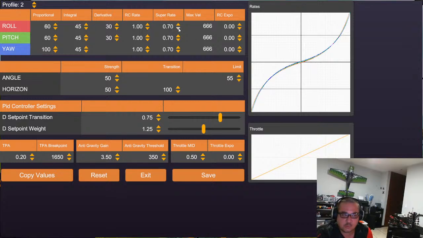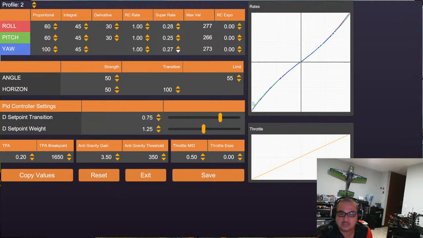So if you were to lower that, I'm going to do it dramatically, see how the graph expands when you do them all. You're now moving your stick from one end to the other in much smaller steps. It's like you've magnified it and you have more resolution. That's what I mean by resolution when it comes to rates.